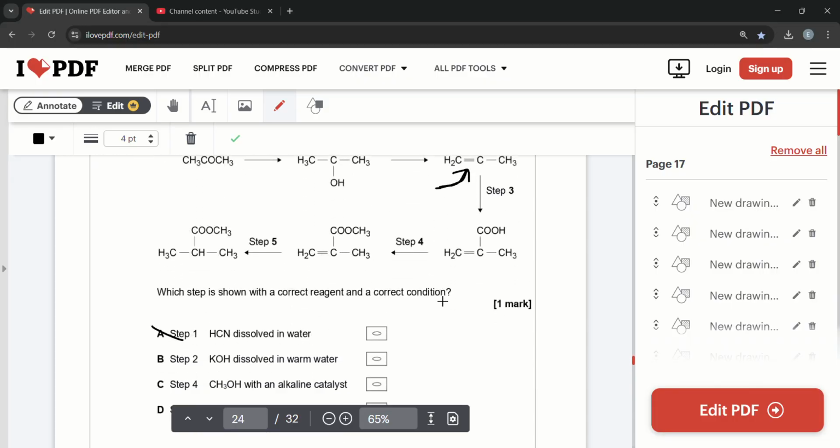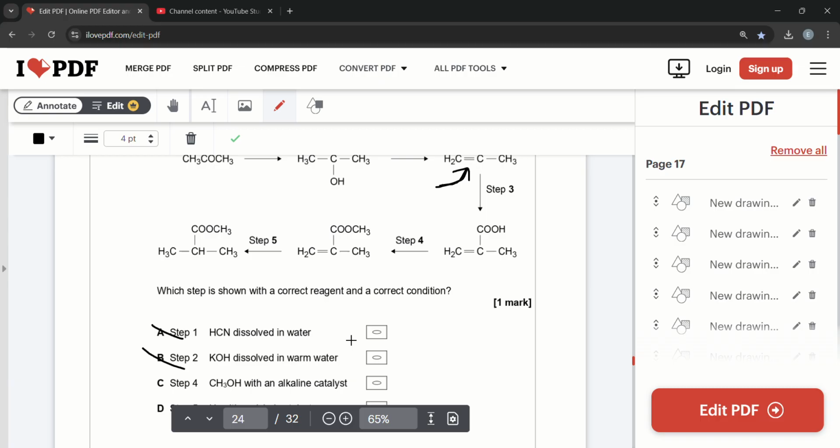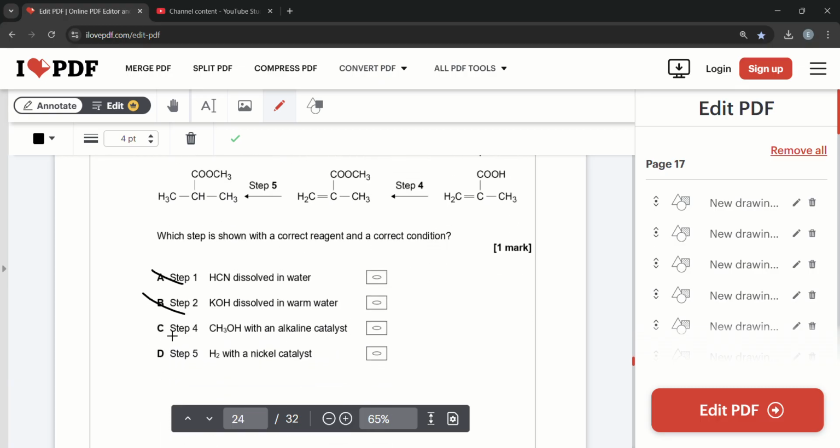Why are we forming an alkene? That's not it. CH3OH with an alkaline catalyst. No. H2 with a nickel catalyst. Yes. And what is this called? Catalytic hydrogenation.